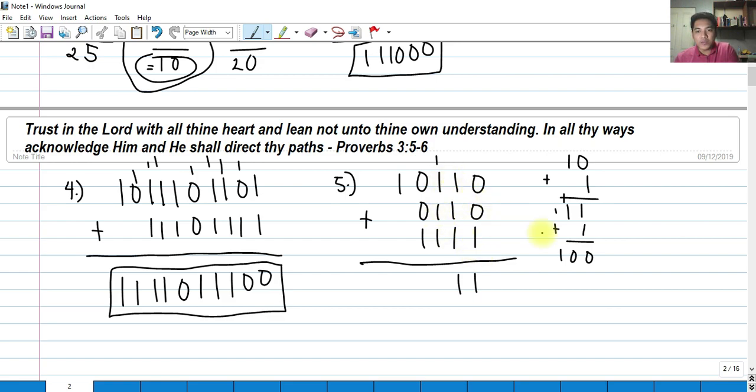What will happen is we get the last digit, which is a 0. We carry the other digits to the next preceding number. So 1 plus 1 plus 1 plus 1 is 1, 0, 0.